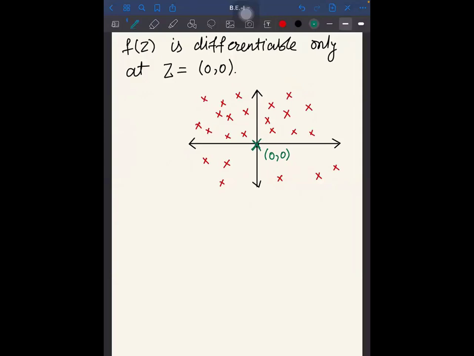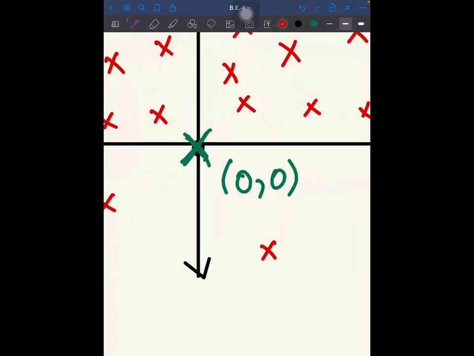And the function was not differentiable at all other points. That means no matter how small a neighborhood I choose around 0, 0, I'll get points where the function is not differentiable. Are you with me? Yes, sir. So this function cannot be analytic at z equal to 0, 0. Why? Because no matter what neighborhood we choose, the function is not going to be differentiable at all those points.